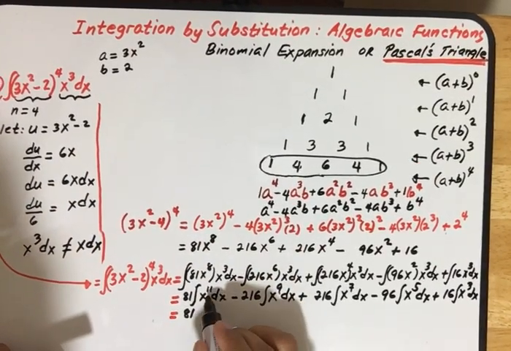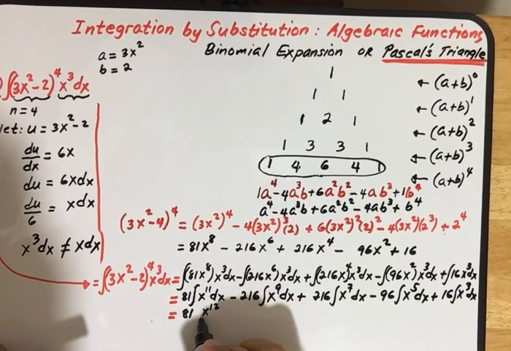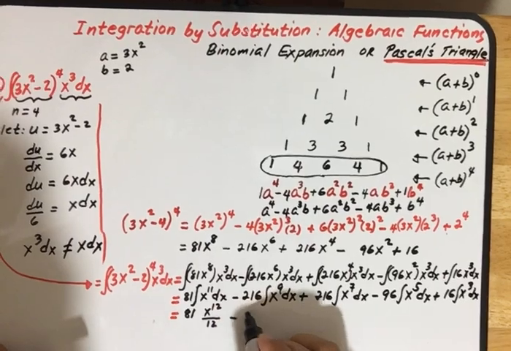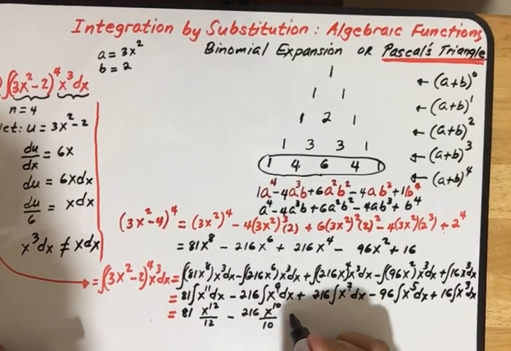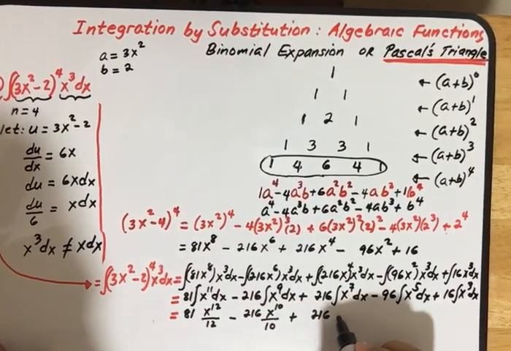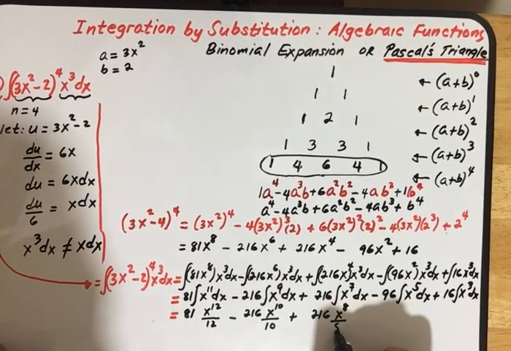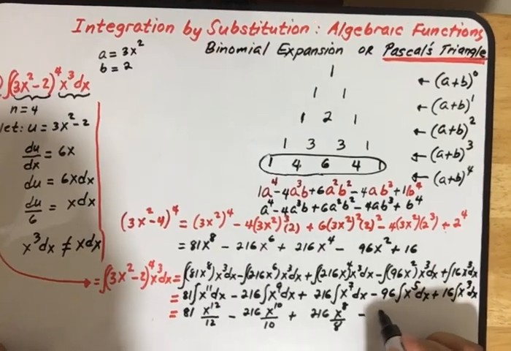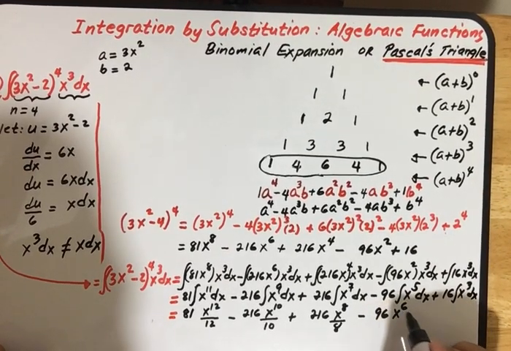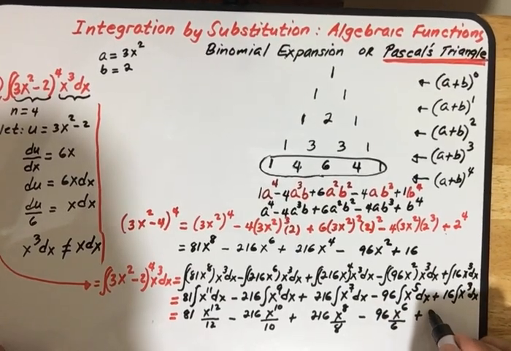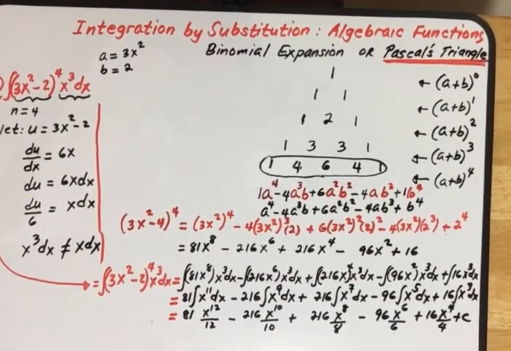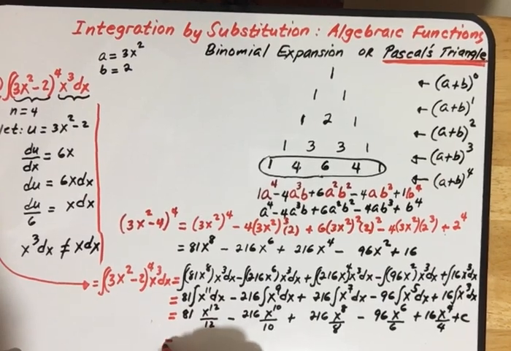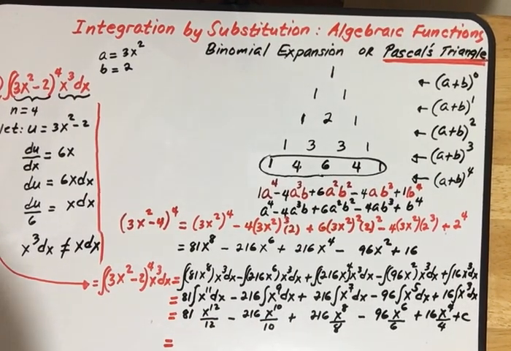Applying the formula, this will be x to the 12 divided by 12, then minus 216 x to the 10 divided by 10, then plus 216 x to the 8 divided by 8, then minus 96 x to the 6 divided by 6, plus 16 x to the 4 divided by 4 plus c.